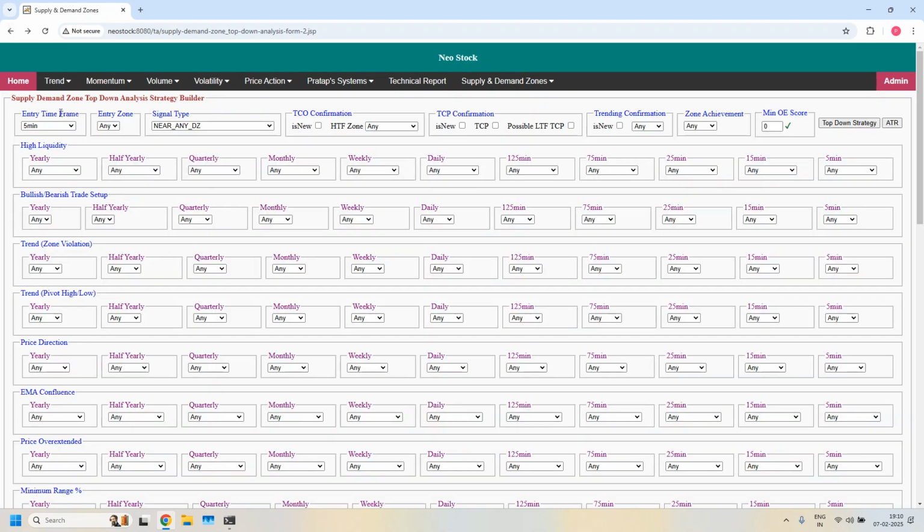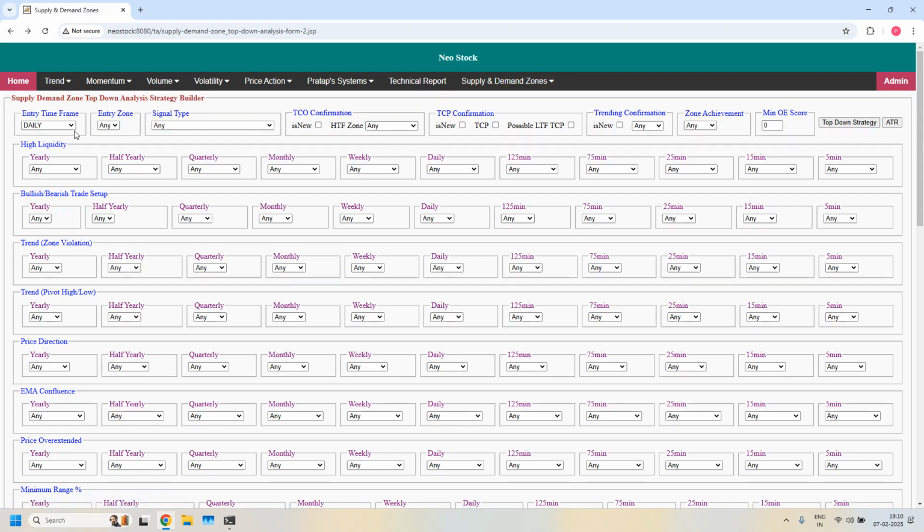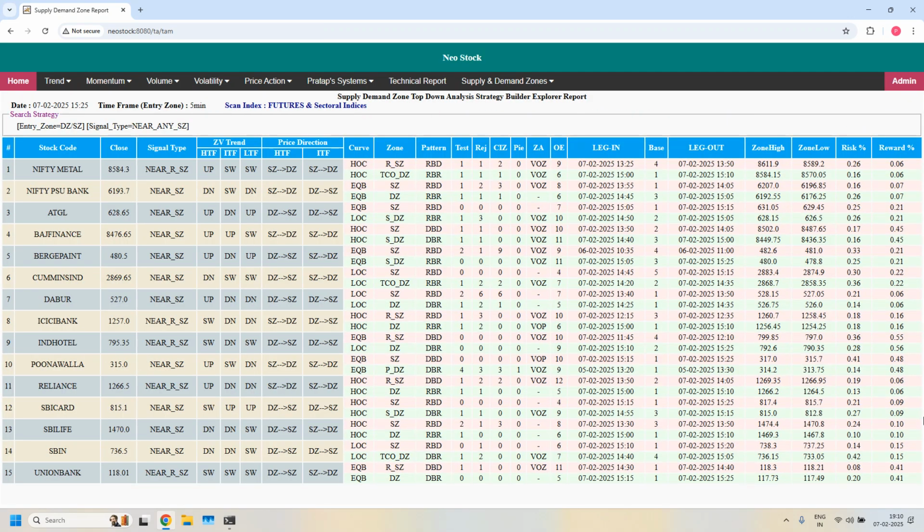Next, for 5 minutes time frame, stocks near 5 minutes supply zone. We got 15 stocks. Out of these 15, how many supply zones are having ITF confluence?